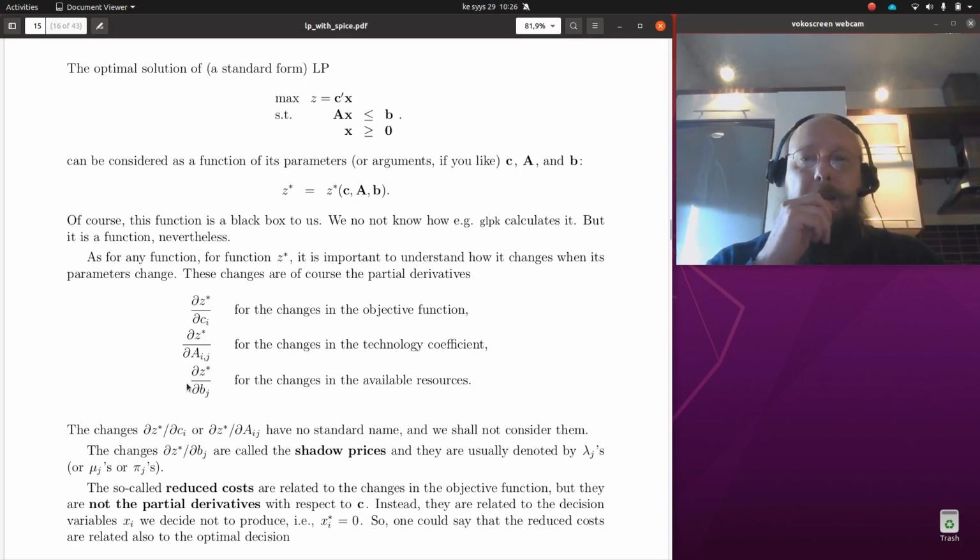Then there is another set of sensitivity parameters that are called reduced costs. The shadow prices were related to this b. The reduced costs are actually related to the objective function c here. So one might think that they are the partial derivatives of the optimum with respect to c_i.